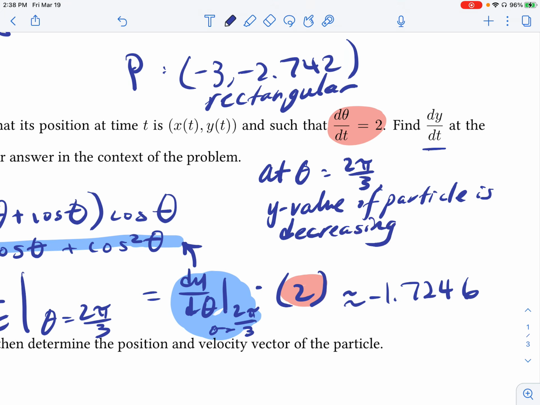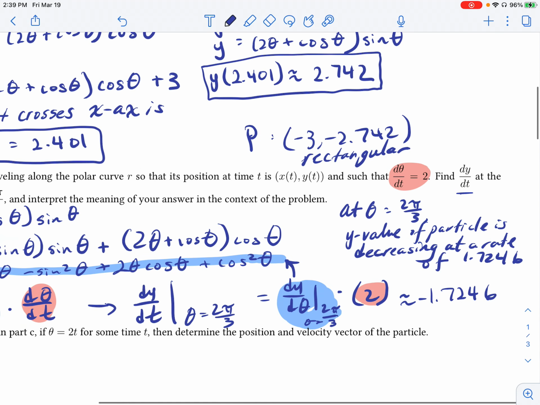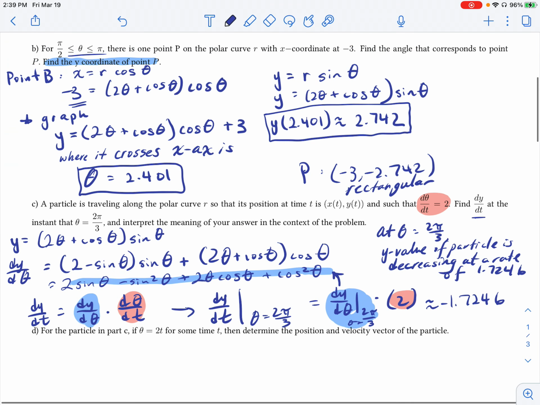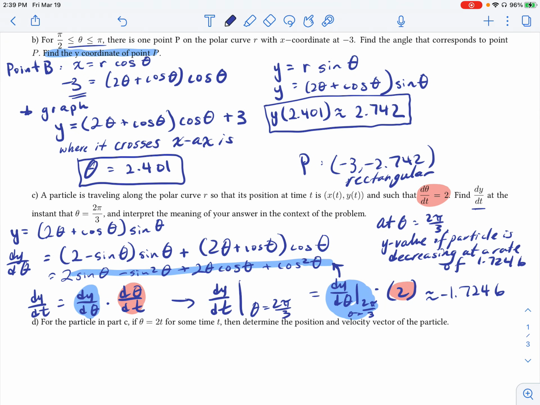It's decreasing at a rate of 1.7246. dy dt is stating the rate of change of y with respect to t when theta is equal to 2 pi over 3. So in order for us to have answered this, we needed to first find dy d theta. And again, it comes back to our understanding that dy dt is equal to dy d theta times d theta dt.